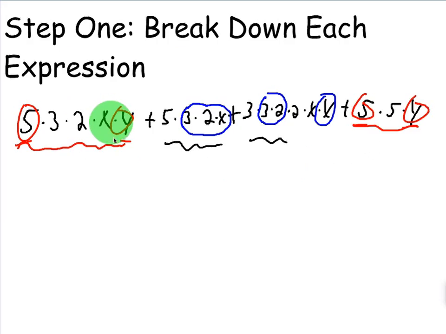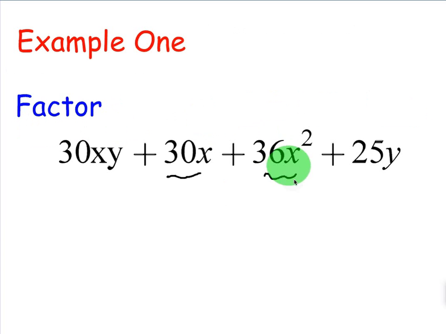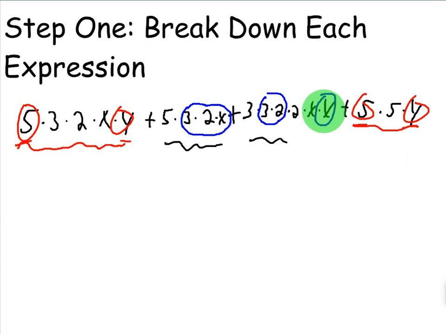You could break that down into 3 times 3 times 2 times 2 times x times x. Again, it's more of a mental thing. I'm not expecting you necessarily to write this down. I'm just showing you what it would be like if you broke it all the way down. And then finally, you have 25y. That would have a 5 and a 5 and a y in it.